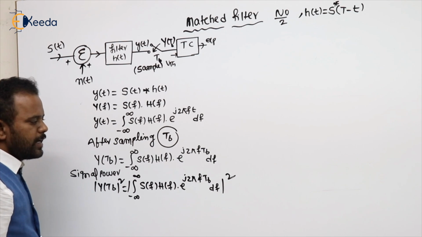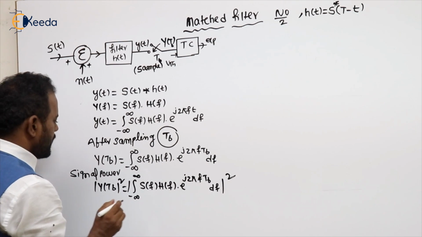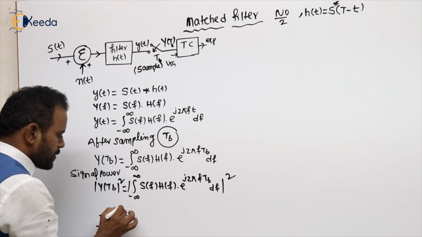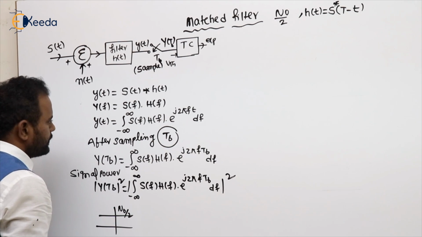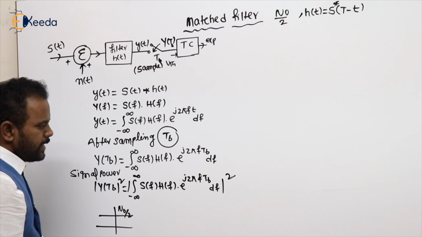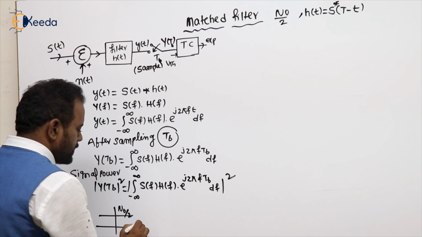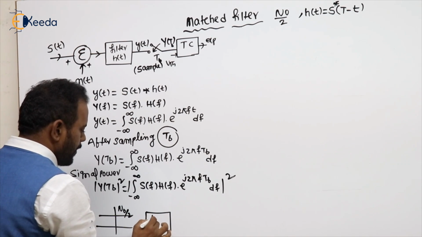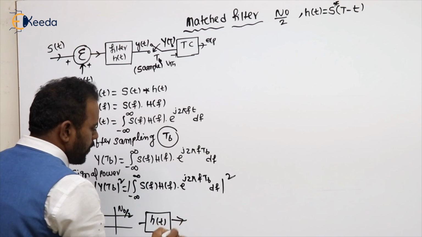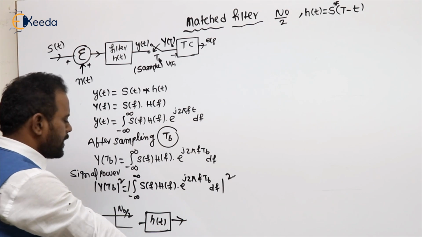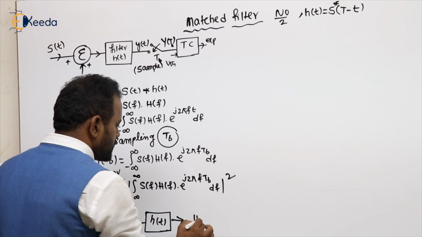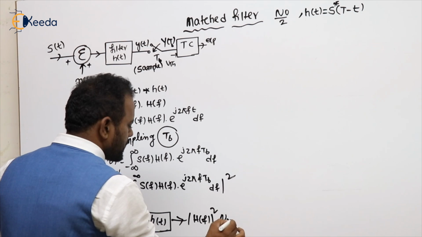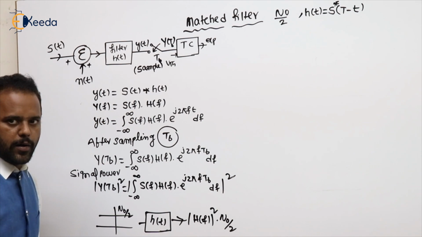In the similar manner, sir, what is the noise? Noise is white noise. White noise is having power spectral density N0 by 2. This is passing through some filter having impulse response h of t. What is obviously the output power spectral density? Output power spectral density is mod H of f whole square into input power spectral density, that is N0 by 2.